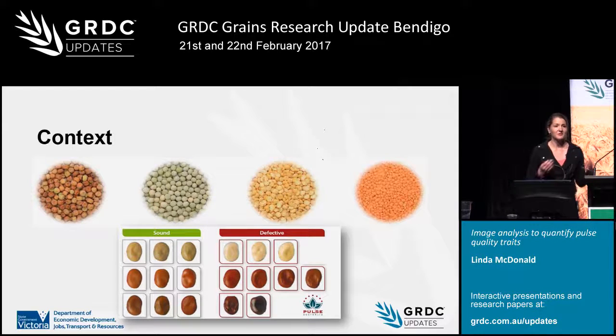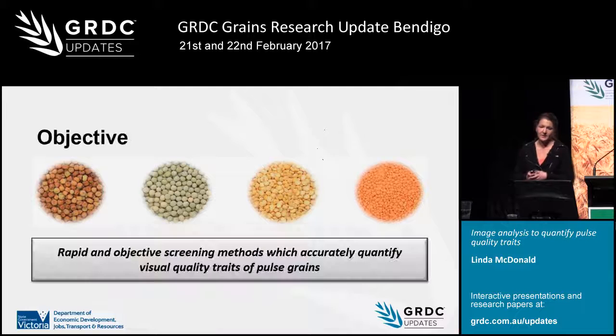Different people will have a different interpretation of what's sound grain and what's defective. So my project tries to remove a lot of that subjectivity from the assessment by using image analysis. The broad aim of my project is to develop rapid and objective screening methods which accurately quantify visual traits of pulse grains.